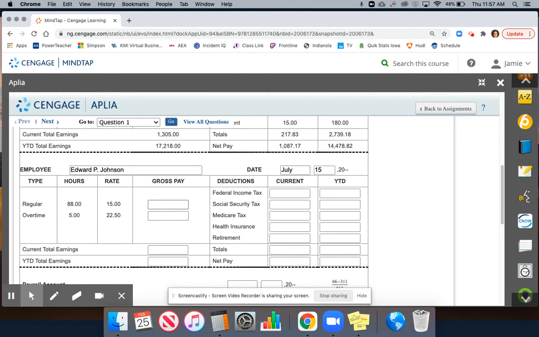So we have calculated this multiple times now, starting in chapter 12-1, calculating 88 hours times $15, and then 5 hours times $22.50. Our total earnings. Add those two numbers together.